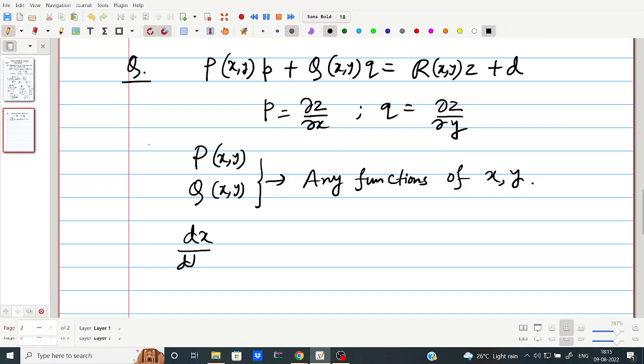So this may not be a linear system because P, Q, R are any function of x and y. Suppose if it is of the form ax plus by, and cx plus dy, then I can say it is a linear system. But P and Q are any functions of x and y.